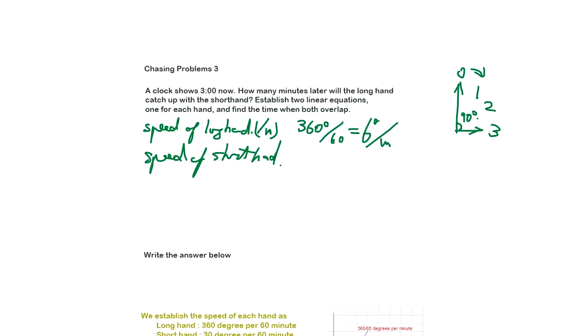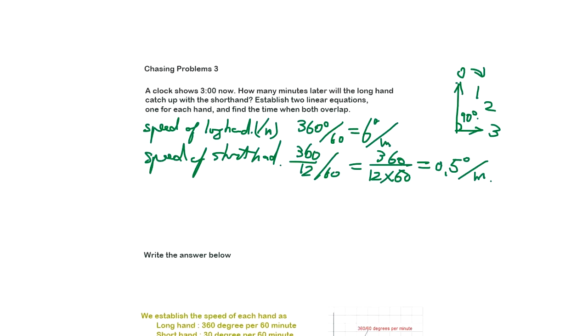Which is 360 divided by 12 for every 60 minutes. So it's like 360 divided by 12 by 60, 0.5 degree per minute. Okay, so you got the two speeds.